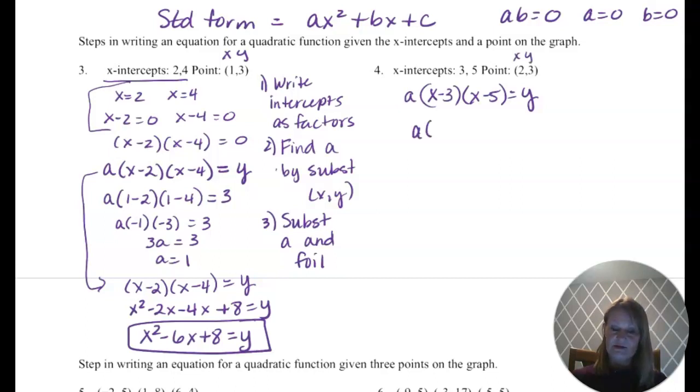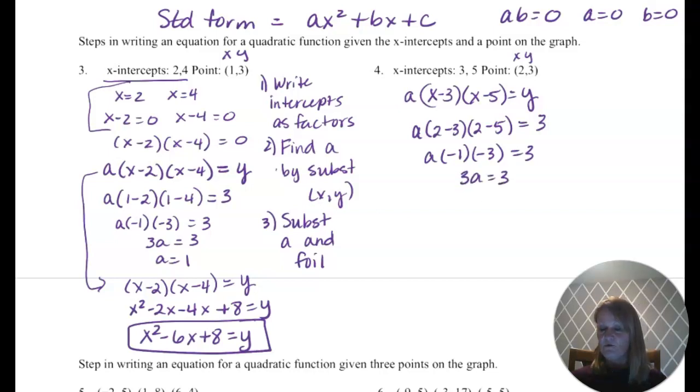So our x is 2, and our y is 3. And I'm going to simplify. So -1 and -3. Make sure I multiplied that right. So -1 times -3 is 3, and therefore A is 1.